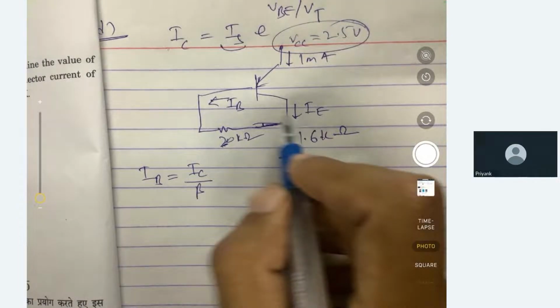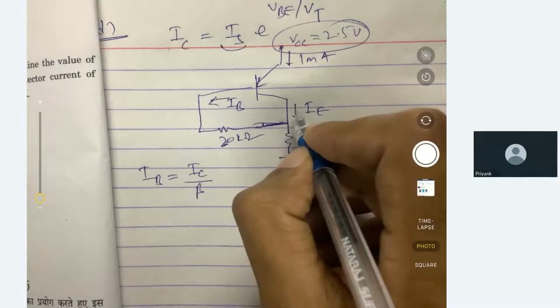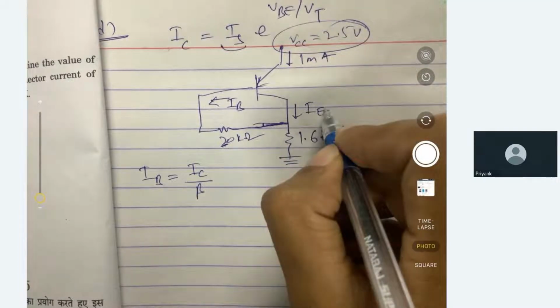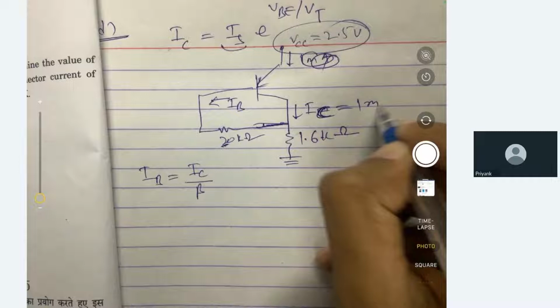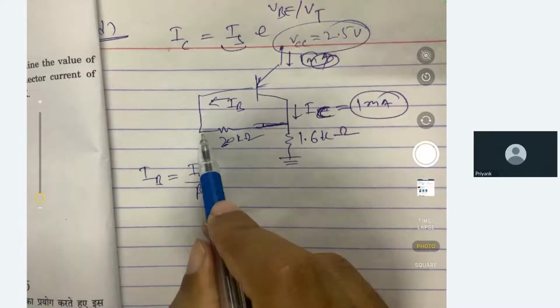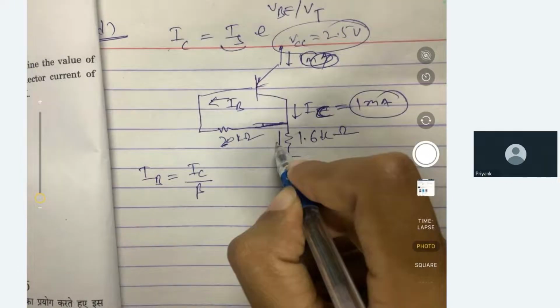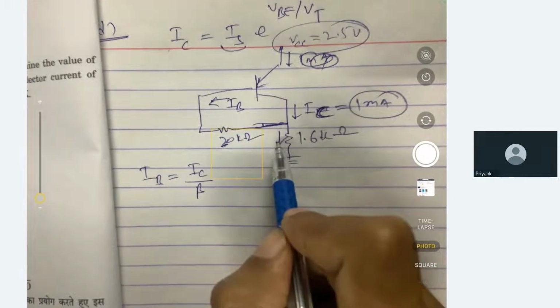This is the collector current. Okay, this is PNP. So this is the collector current, this is the base current, and this is the emitter current. And then we can find this value of current, and accordingly, if we are able to find this current, then we can find this voltage.